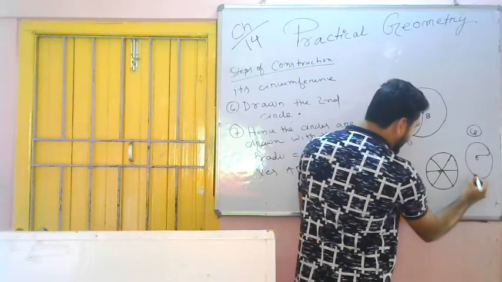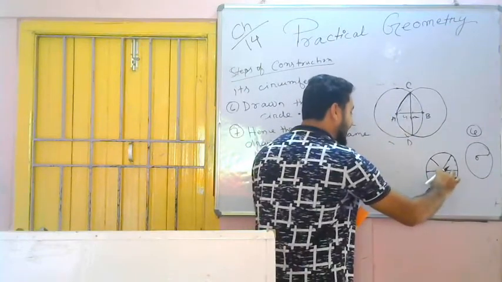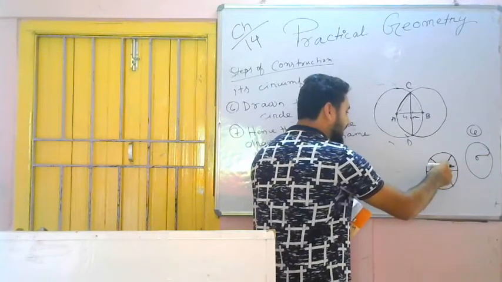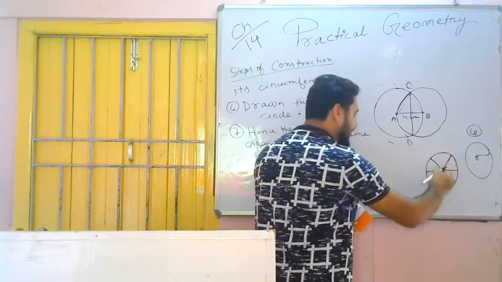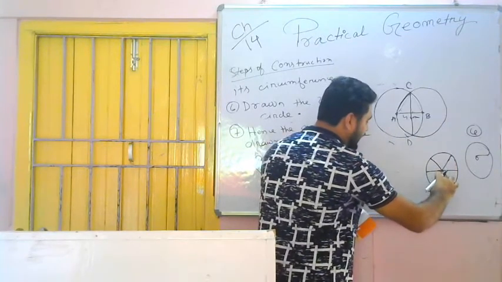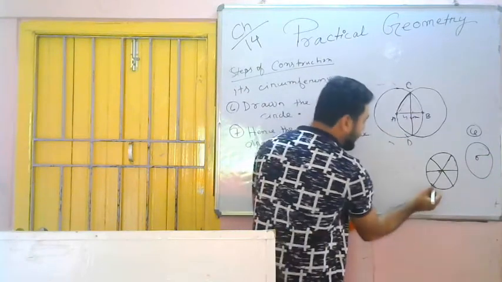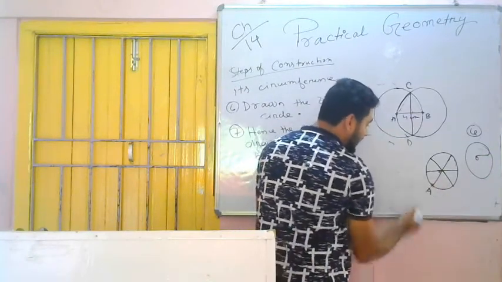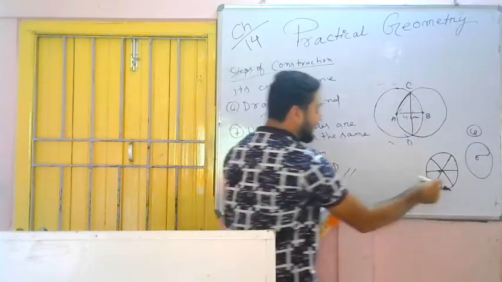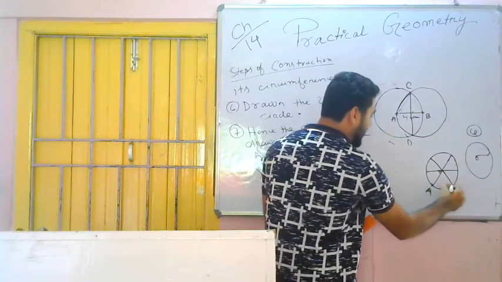Keeping the radius the same, with which I drew the circle, first you mark a point on the circumference and call it A. Now, keeping the radius the same, you mark another point.